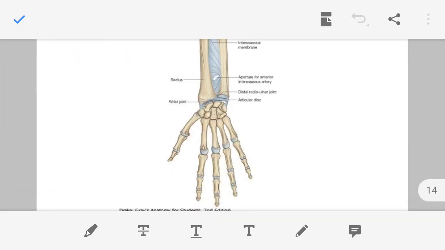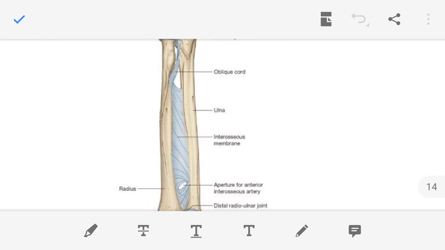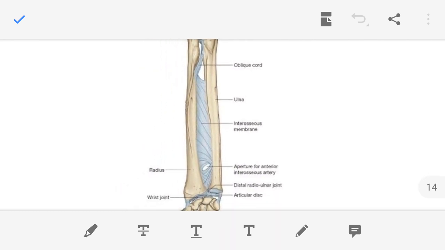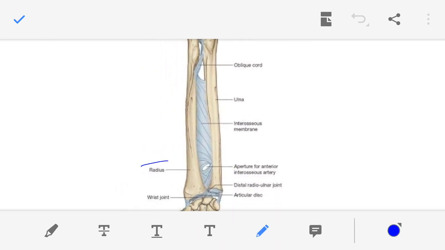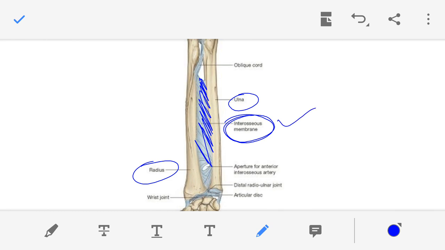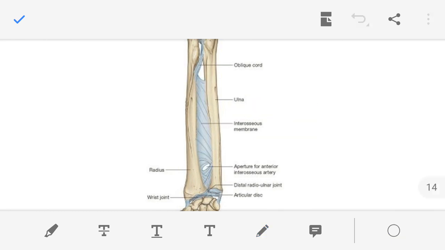For example, here this is the radius, this is the ulna, and as you can see, in between radius and ulna, interosseous membrane is present. Now what is this interosseous membrane made up of? So it is composed of collagen fiber. And from where do these collagen fibers arise?